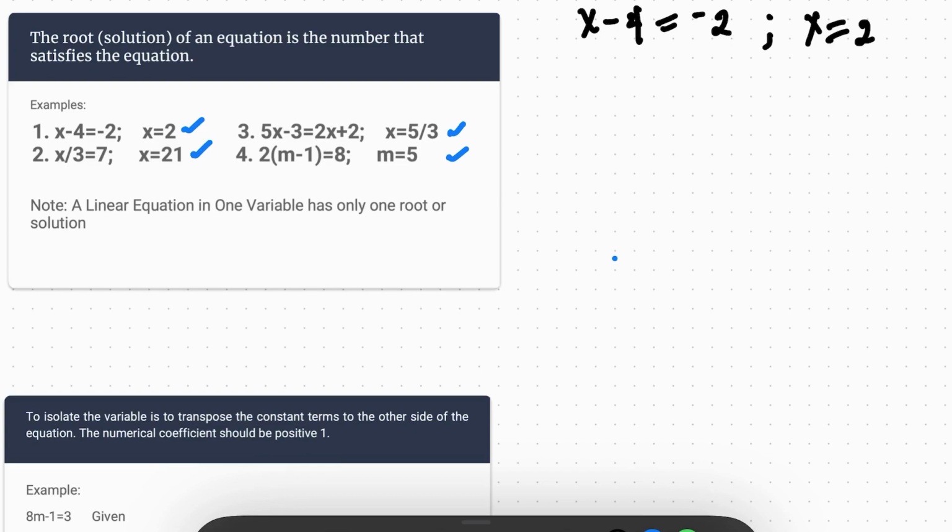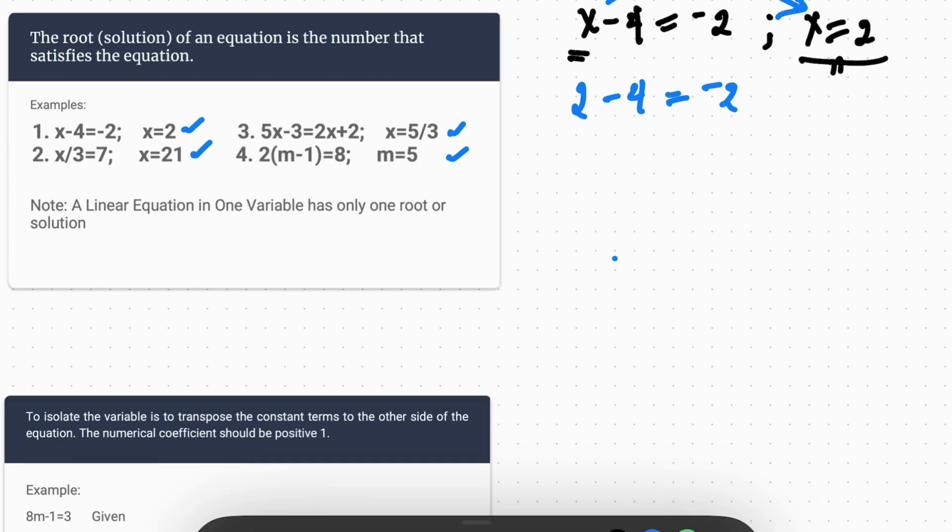This replacement value of x will be substituted for the x in our equation, so that this would become 2 minus 4 equals negative 2, taking into account that the replacement value for x is equal to 2.